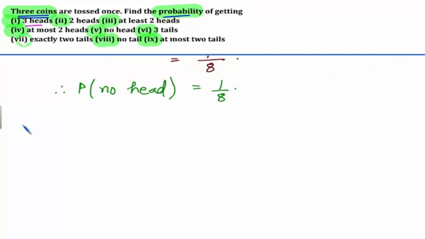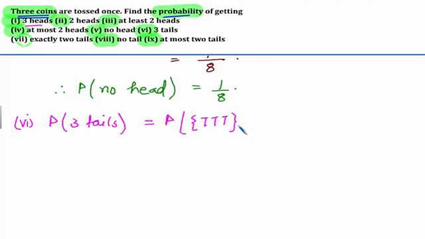Proceeding on to the next part, in which we have to find the probability of 3 tails. There is only one outcome having 3 tails, which is TTT from the sample space. Therefore, the number of favorable outcomes for this event is 1 and the total number of outcomes is 8. Therefore, the probability of 3 tails is also 1 upon 8.